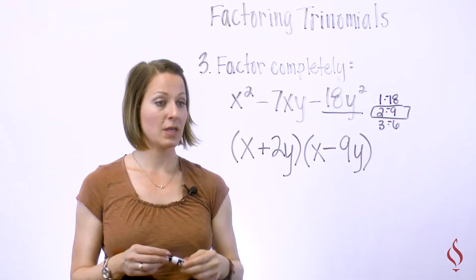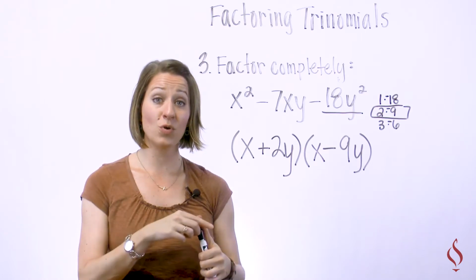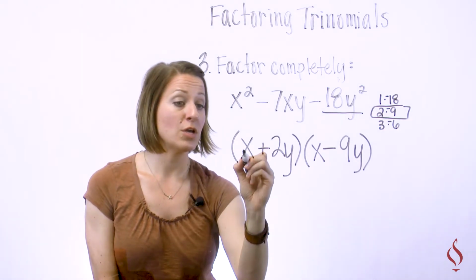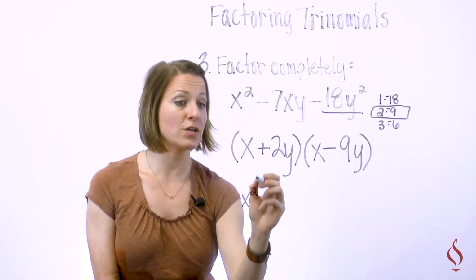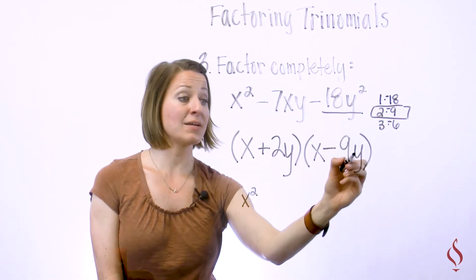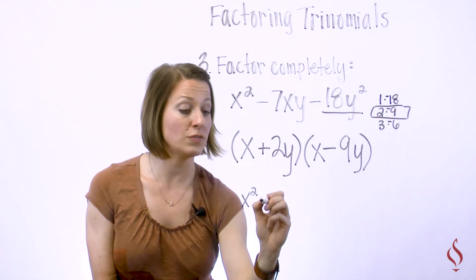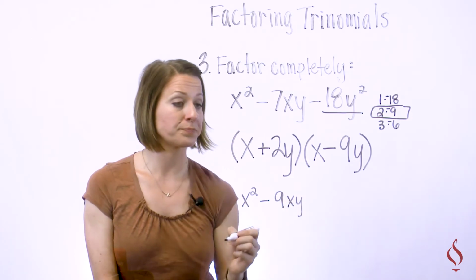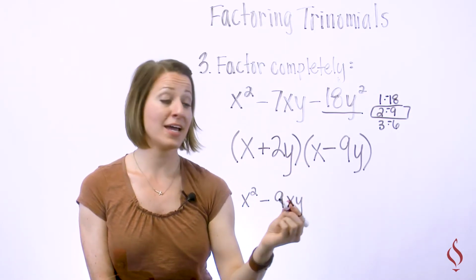Okay. This is your final answer, and I just want to really quickly show you how this multiplies out to look like our original problem. When we multiply x times x, this is our x squared. When we multiply x times negative 9y, because there's two variables, those two variables need to be written in alphabetical order. Then we go back and multiply the 2y times x.